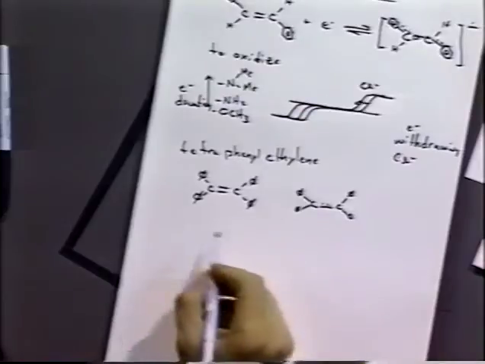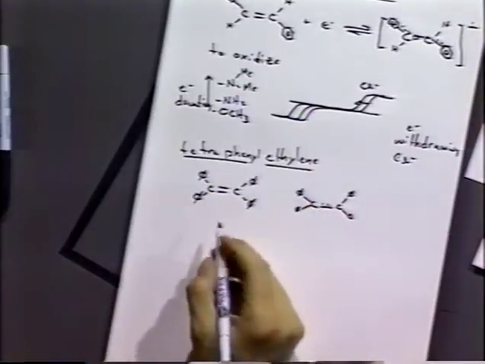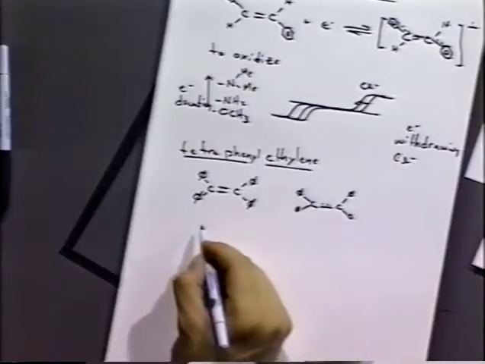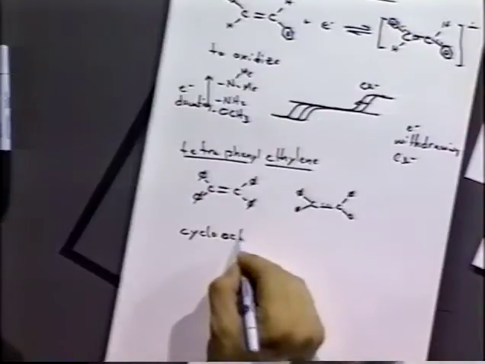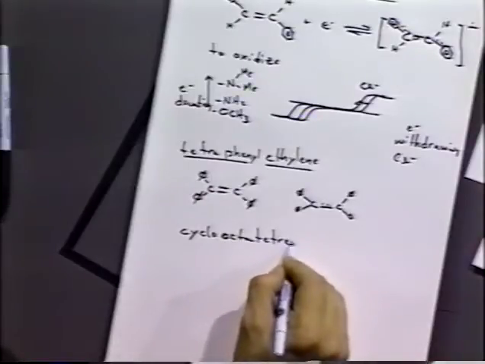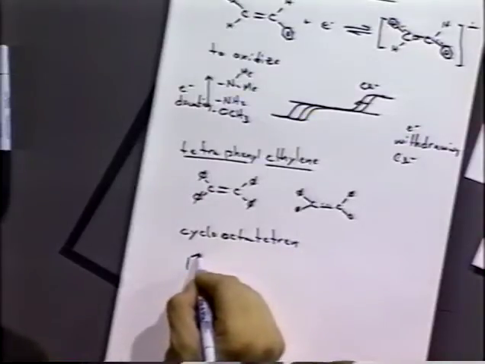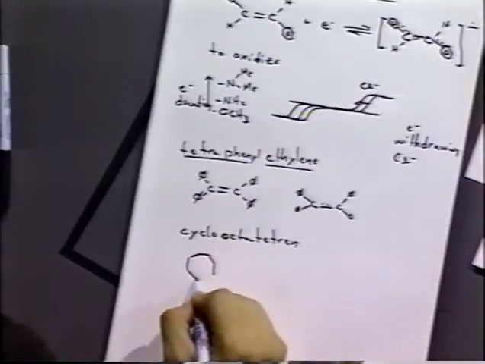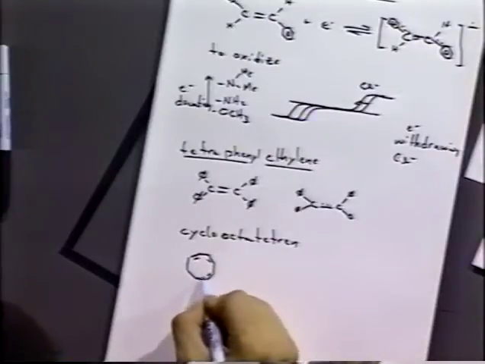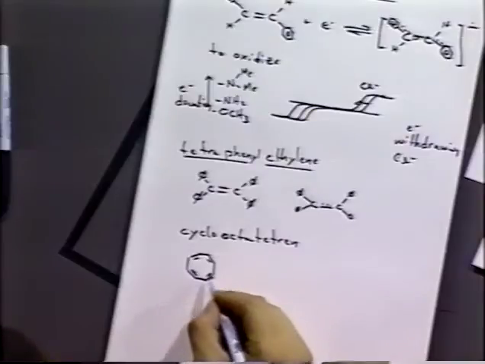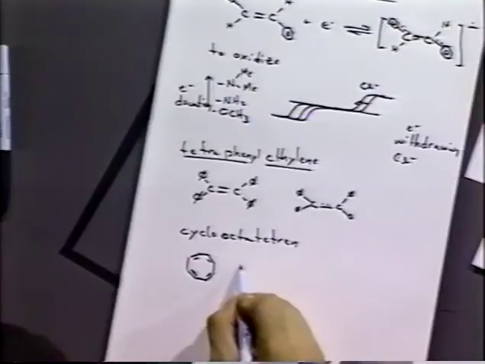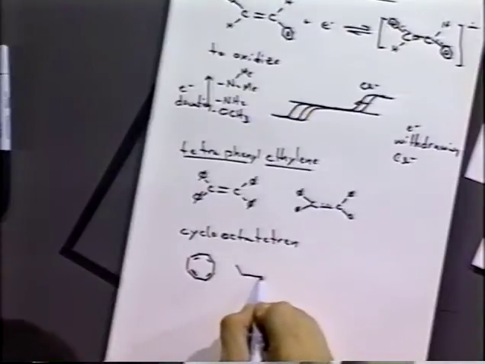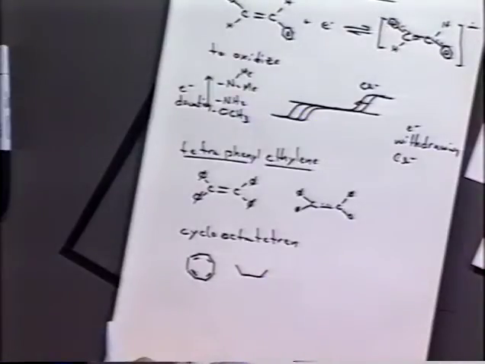Another example where we have a simple outer sphere reaction that's slow is this cyclooctatetraene. It's the stop sign shaped molecule. It turns out that it is not flat, as you might think, but in fact is tub-shaped if you look at it in cross-section.